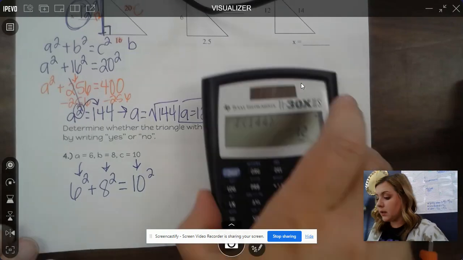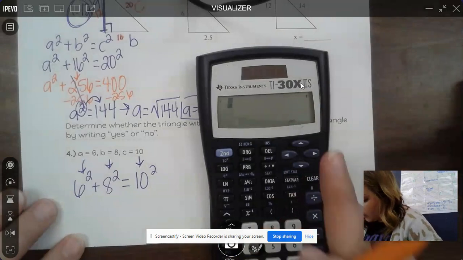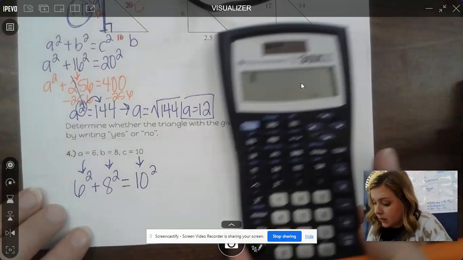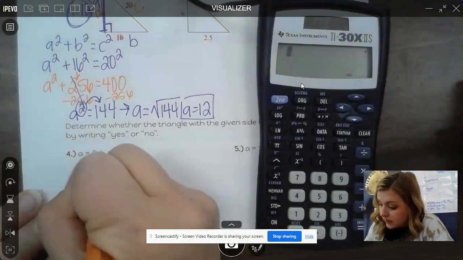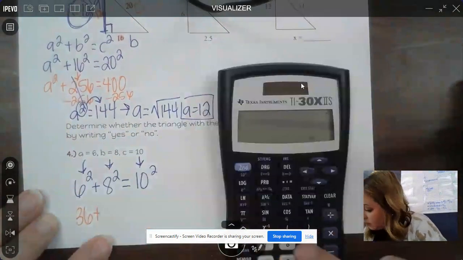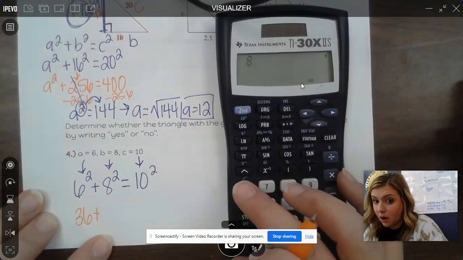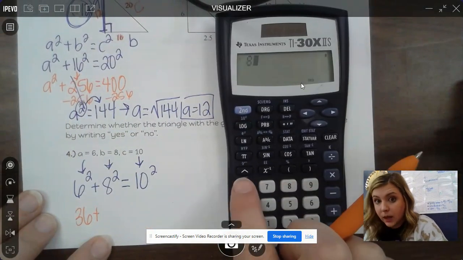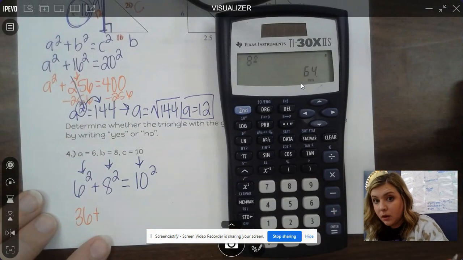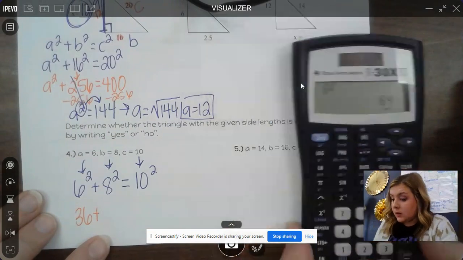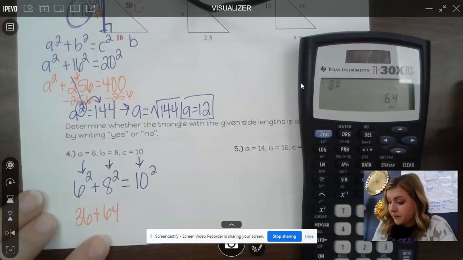So I'm going to do my squaring and check that math there. I know that 6 squared is 6 times 6, which is 36. Okay, and just a refresher here, you remember you can press this. If you don't press the second button on that exponent calculator right there, it will square it for you. Okay, just a little trick. So 8 squared is 64.